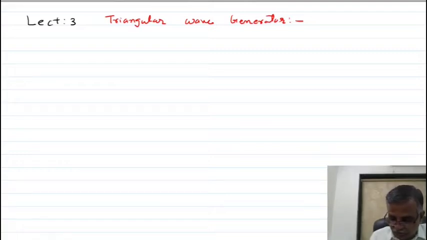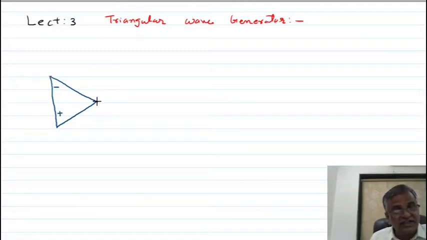See, I am drawing the triangular wave generator circuit. Here in the triangular wave generator circuit, the output of the square wave generator is integrated by an RC network.